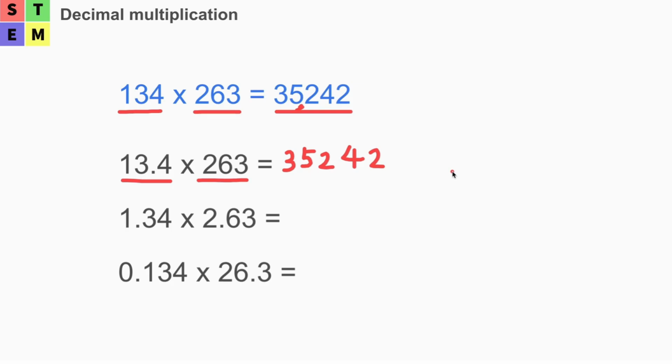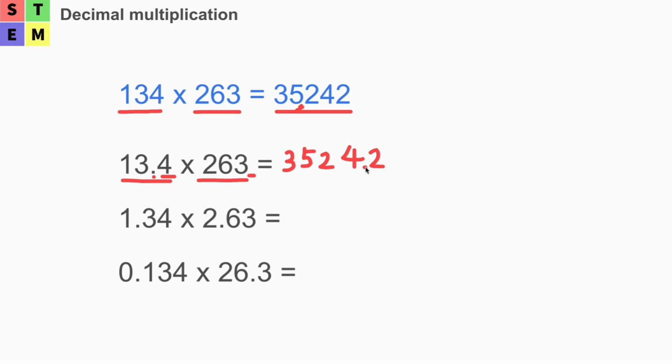Okay, and the only thing we need to find is where we put the point. So we have 1 digit here, nothing here. That means we are going to put it here.